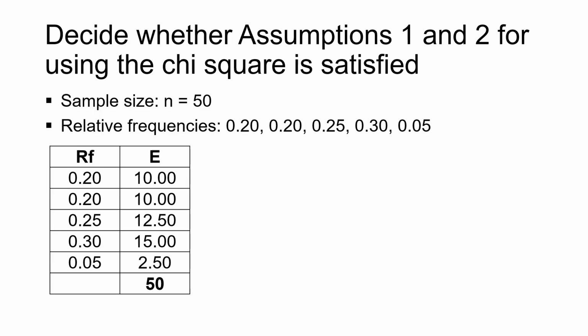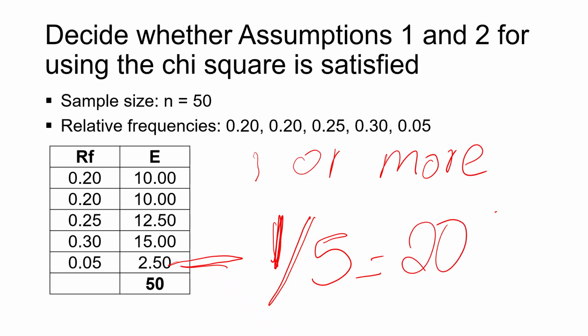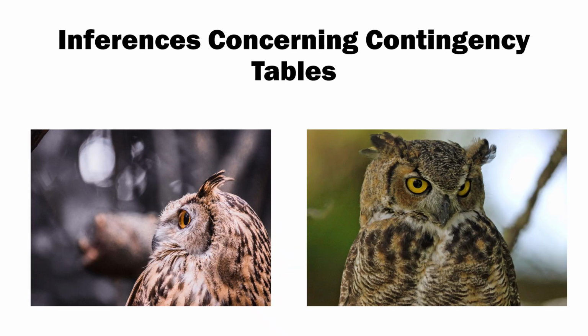So make sure you're always checking for those things. So remember, it is that all expected frequencies are 1 or more, and that at most 20% of our expected frequencies are less than 5. We only have 1 that's less than 5, and that's 1 out of the 5 that we have there, which equals 20%, so we're good to go.